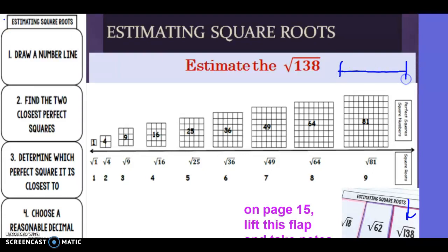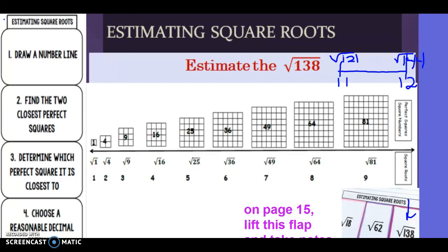We'll put 2 numbers on here. Let's think of square roots that the 138 would fall in between, square roots that we know, the perfect squares. So I know that the square root of 144 is 12. Oh, my apologies here, the writing. And just below that, I know the square root of 121 is 11. So the square root of 138 is somewhere in between 11 and 12.